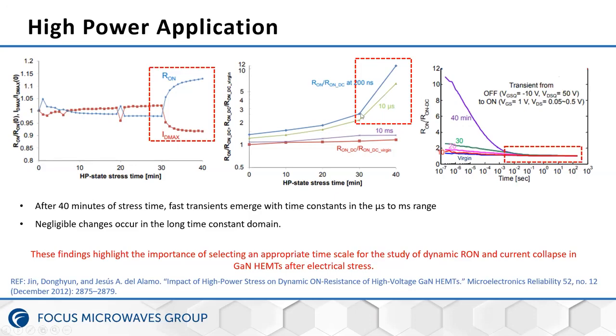Similarly, until 30 minutes, right after transition, the R on was high, but after 30 minutes it increased quite a bit. For a different timestamp, 10 microseconds, it still keeps on increasing. And for 10 milliseconds, that is well within the stable region and deep into the pulse, the R on is almost unaffected and almost the same as the on resistance measured in the DC analysis.